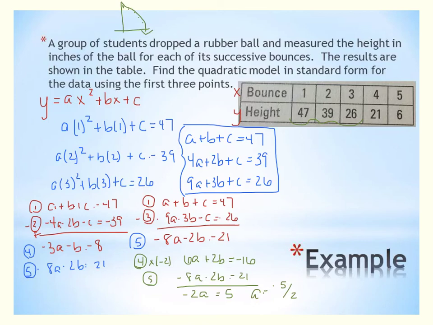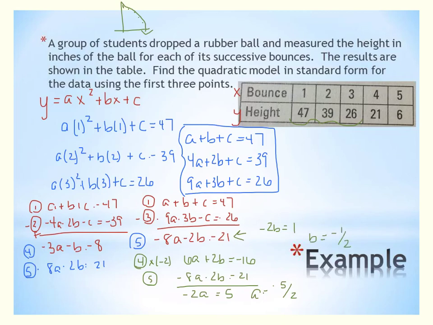So then I have to find b. So I'm going to just plug a back in, right here to equation 5. So negative 8 times negative 5 halves is going to be 20, and we subtract 20 and get negative 2b equals 1. So then I get b equals negative 1 half.